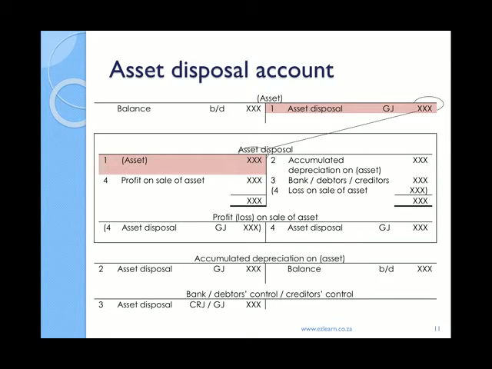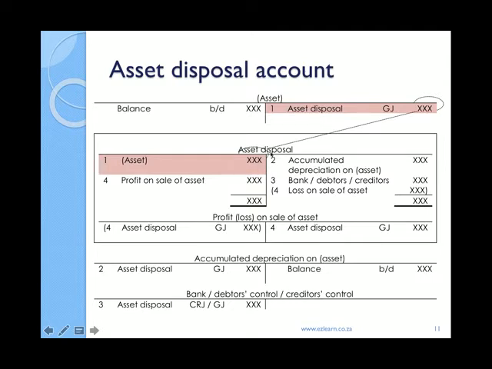If you look at this illustration, you can see the asset disposal in the middle is showing how the asset is going to be recorded when it is sold. The asset account itself is credited with the cost price of the item that you had when you first bought it. This is then shown in the asset disposal account to take the cost price into account.